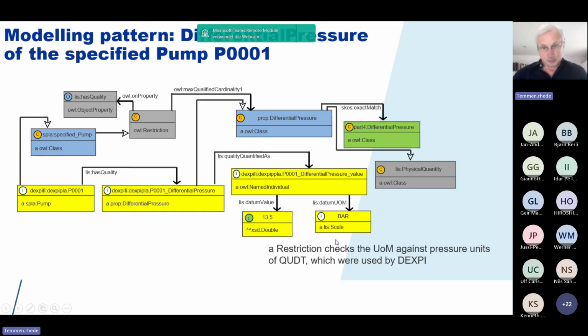And for this one, the bar, there is an additional restriction which checks that it is a unit of measurement which is related to absolute pressure and also part of the DEXPI specification. This is now an example, the slide before on class level, and on this level, on instance level of dependent property.